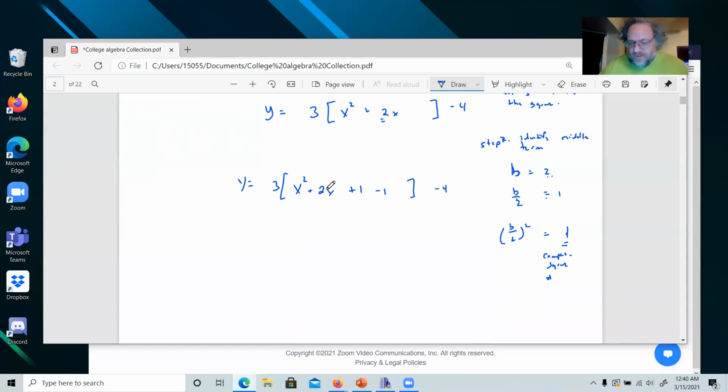So step 3 was to add and subtract the complete the square value. You could break these steps up into step 2a, 2b, and 2c, whatever makes sense for you.